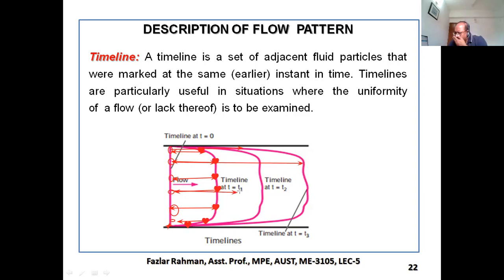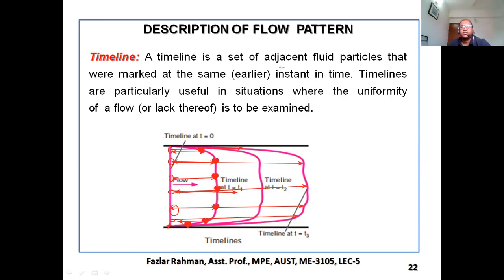Or this one might be this much. So if you connect all the points, this line is called the timeline. Okay, so what is the definition?